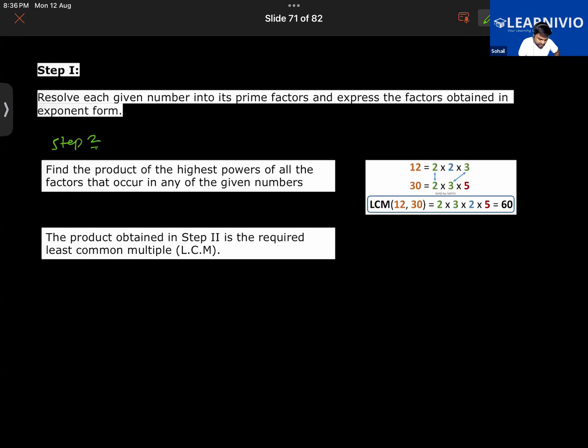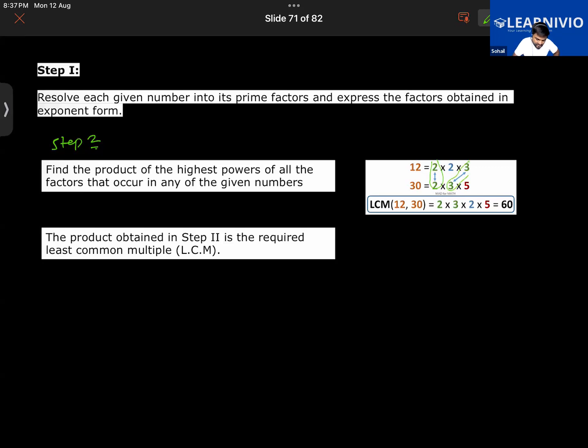In step number 2, you have to see the numbers over here: this 2 and this 2, this 3 and this 3. These numbers are common prime factors of 12 and 30, right? This 2, the one that you see in the green color, and this 3. They are the common factors.